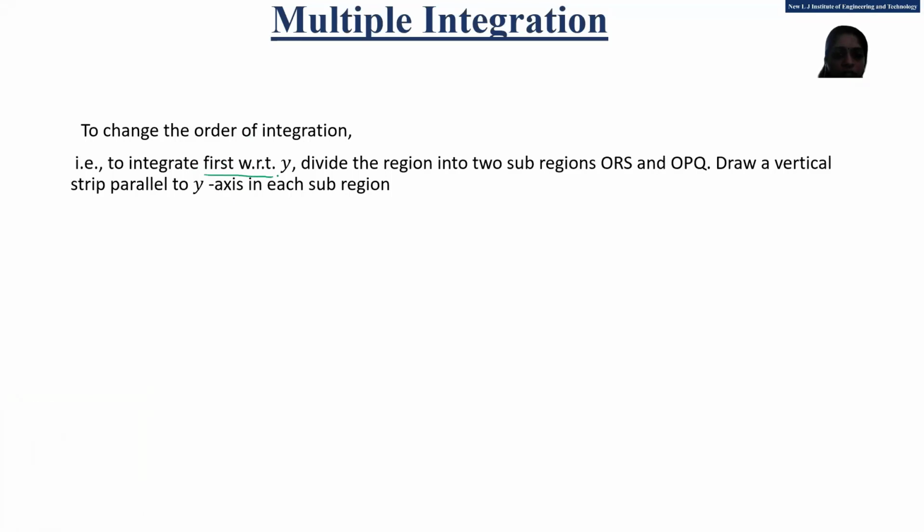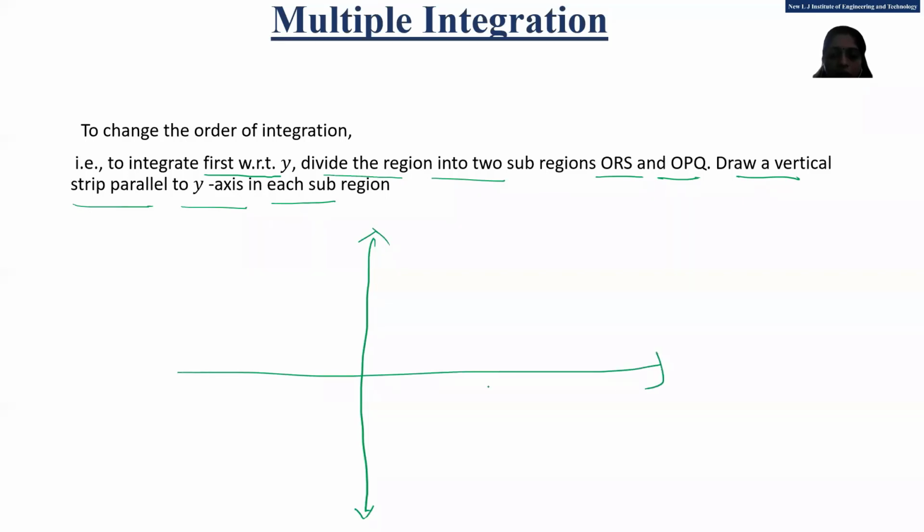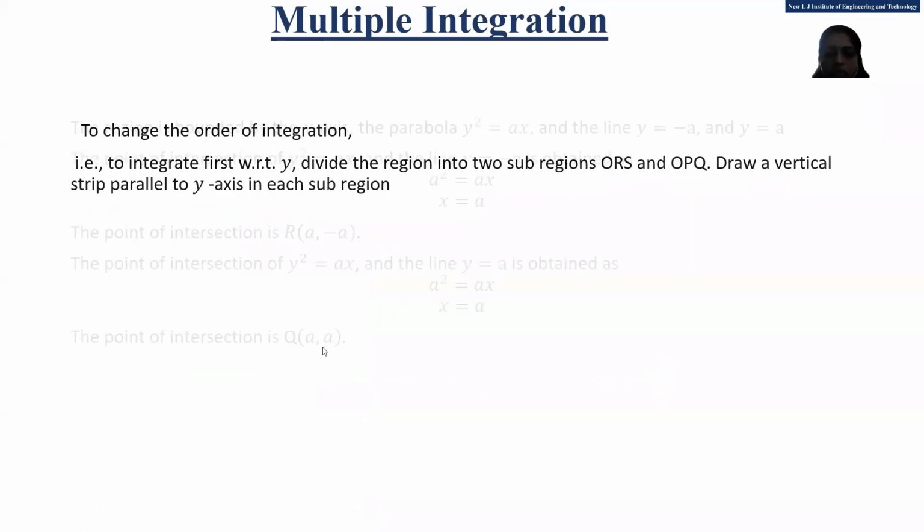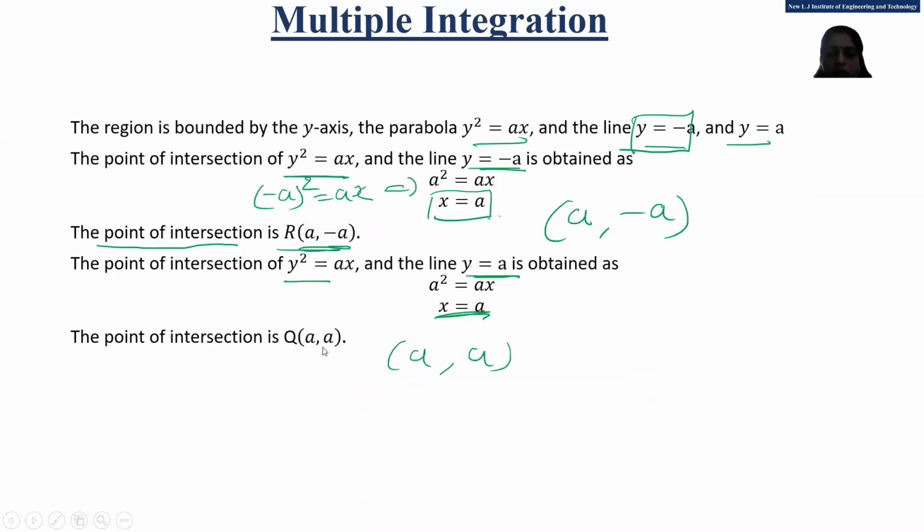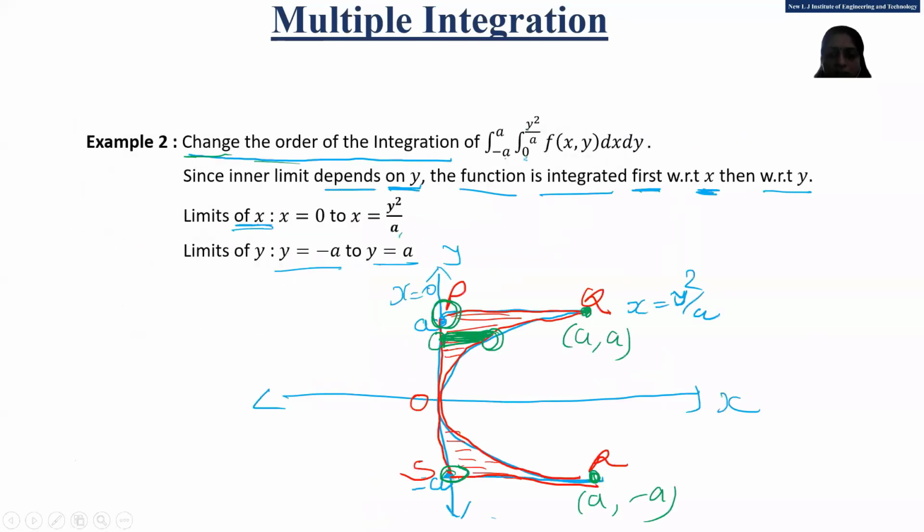first with respect to y, divide the region into two subregions, ORS and OPQ, and draw a vertical strip parallel to the y-axis in each subregion, because see, in this graph, they have given us a horizontal strip. Listen carefully, okay?